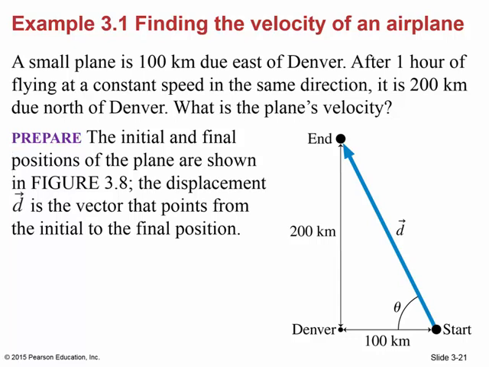A small plane is 100 kilometers due east of Denver after 1 hour flying at a constant speed in the same direction. It is 200 kilometers due north of Denver. So we started out 100 kilometers east, and then we fly to a point where we are 200 kilometers due north of Denver.